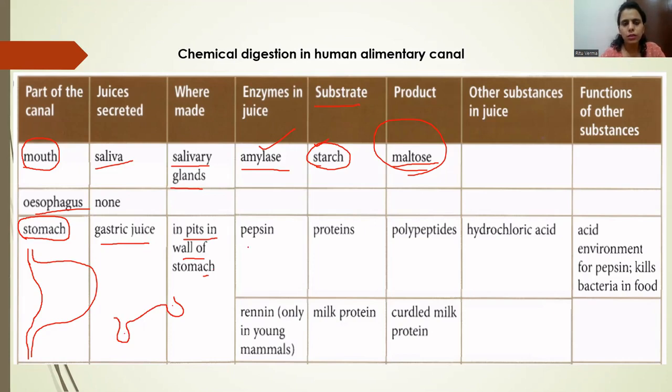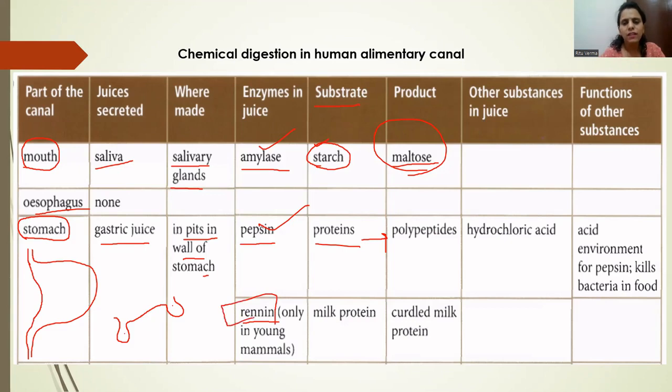In gastric juice, we have two types of enzymes. The first one is known as pepsin. Pepsin is an enzyme which helps in digestion of proteins. But remember, pepsin does not digest protein completely into amino acids. Pepsin helps in digestion of protein into polypeptides. Apart from this, only in young mammals, including human beings, another enzyme is present which is called renin.